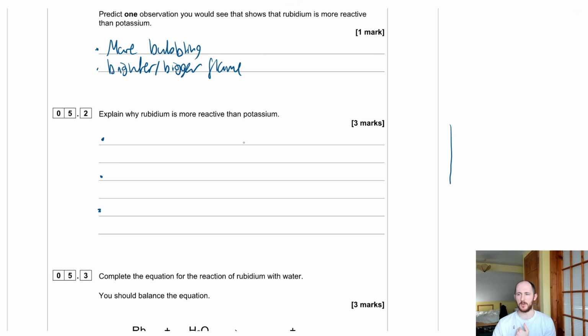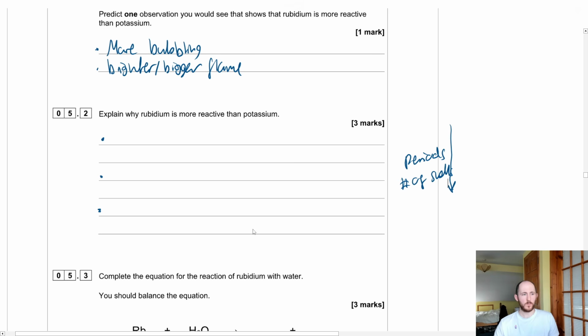What changes as you go down the periodic table? Well, it's the number of periods. The number of periods is simply the number of shells. So something to do with the number of shells affects how easy or more reactive an element is. The easier it is for you to lose that electron, the more reactive that element's going to be.